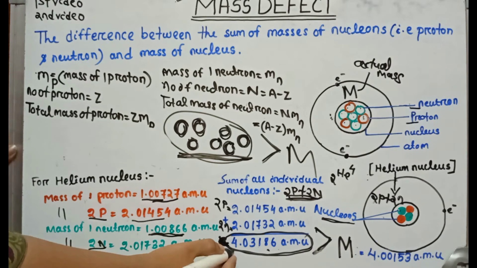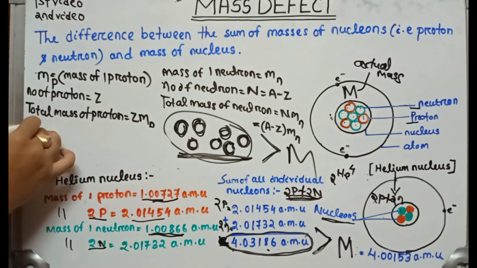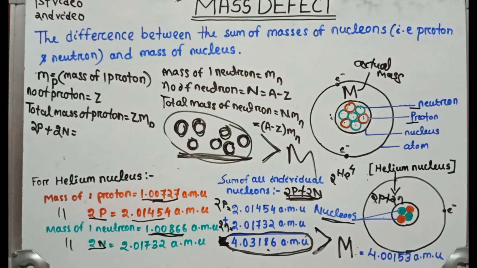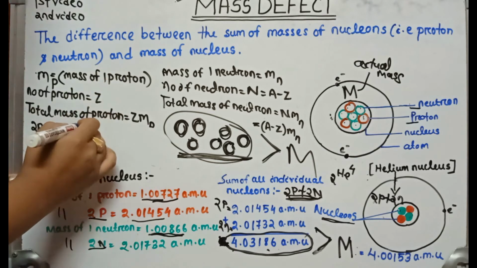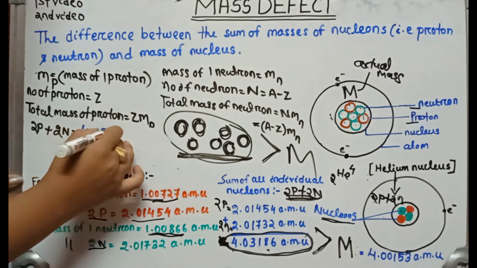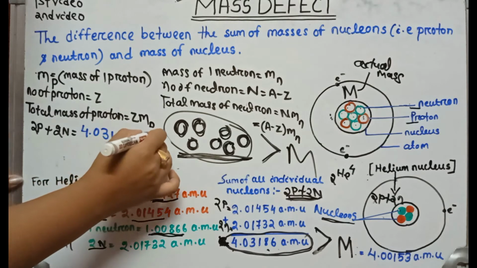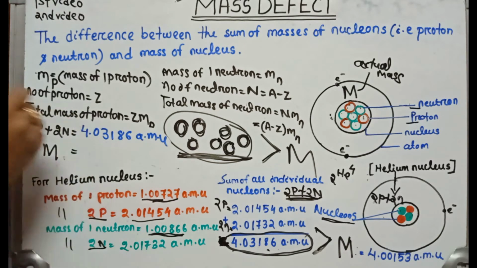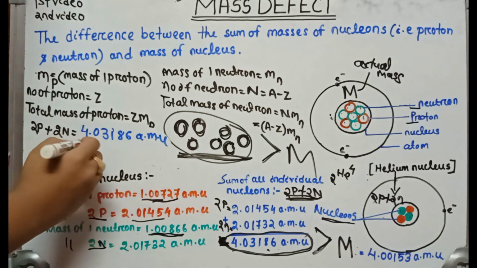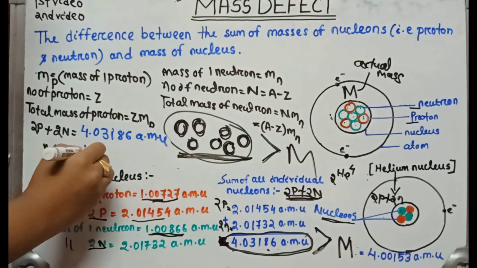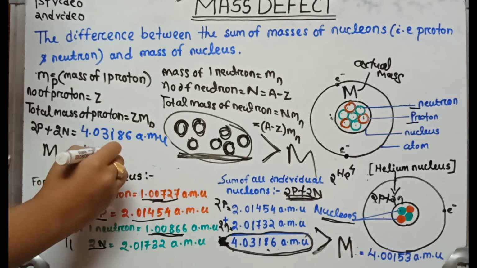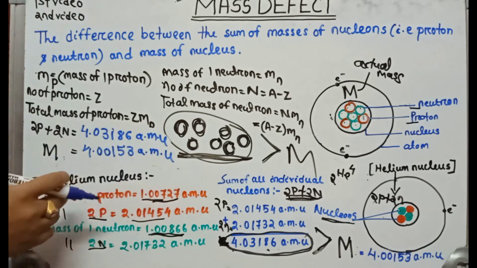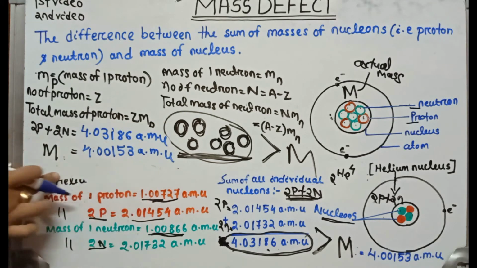The sum of the individual nucleons, that is the mass of 2 protons plus the mass of 2 neutrons, is equal to 4.03186 AMU, and the actual mass of the nucleus is equal to 4.00153 AMU. Then what is the mass defect between these two?